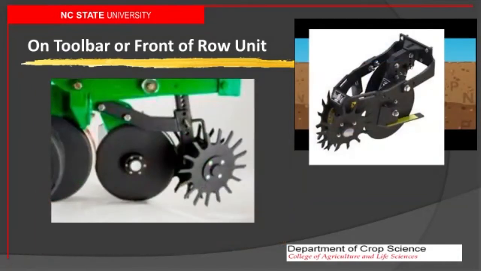Or we could do it in front of the toolbar. This is probably more likely what I see many times, and most of these planters are now 3-point lift planters, so you could get better turnaround. You can see that you could put it in front of the toolbar there. Again, the one unit is just a 2x2. The one on the right, we'll talk about a little more, actually has two discs to apply nitrogen in a 2x2x2 band.